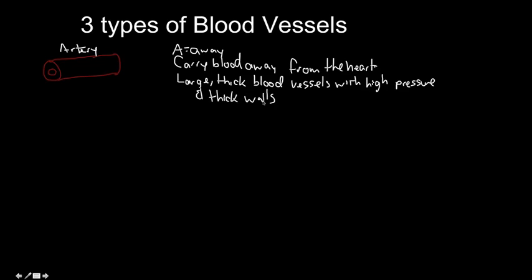Okay. Since arteries are the very first blood vessel to have the blood pumped into them, there's a lot of pressure that's put on their walls. So as soon as the ventricles of the heart squeeze and the blood pumps out, the blood's going to hit the walls of the artery and cause a lot of pressure within arteries. That's why the walls of arteries are very thick, so that way these arteries can hold up to that pressure. You wouldn't want an artery to burst open.